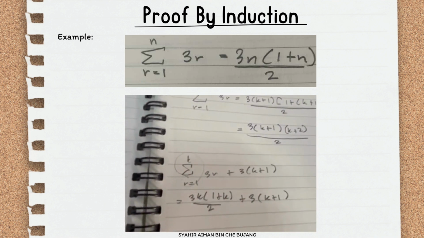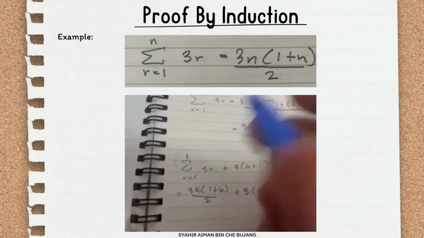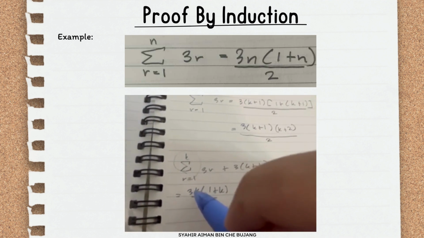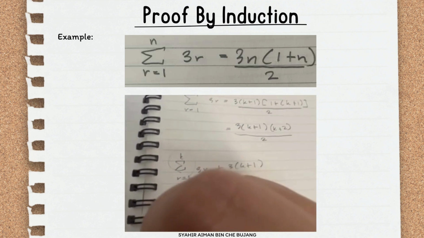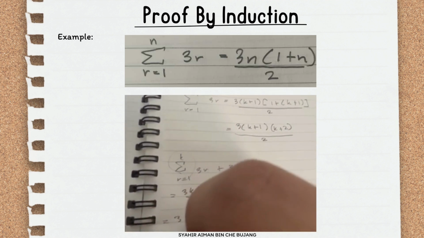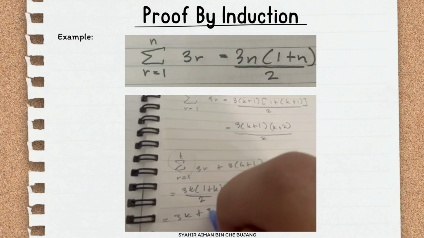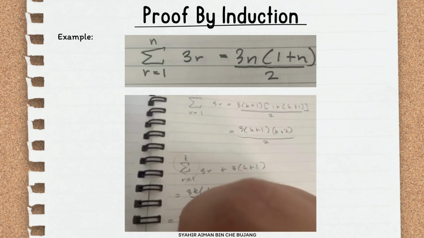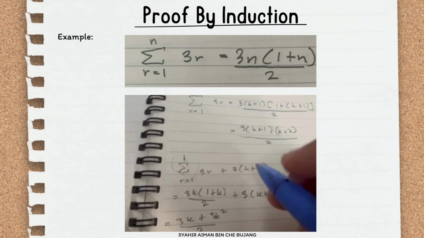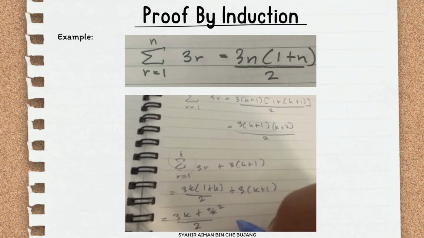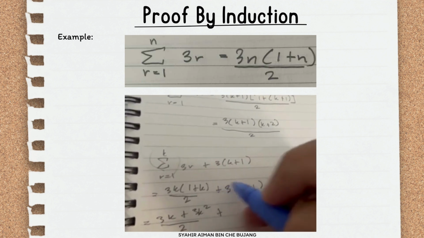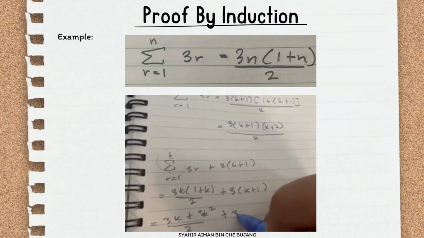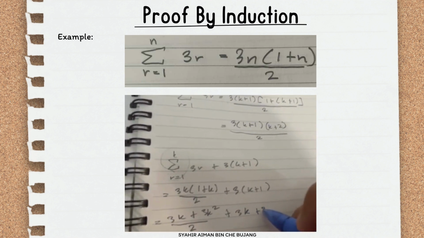We multiply 3k inside, so it becomes (3k plus 3k squared) over 2, plus 3 multiplied inside, 3k plus 3.